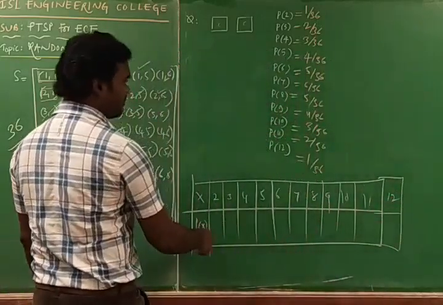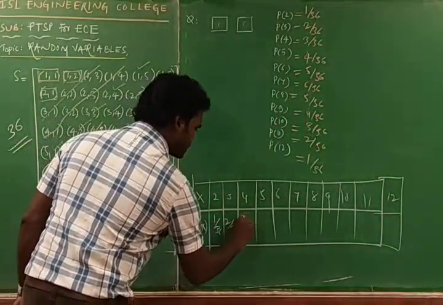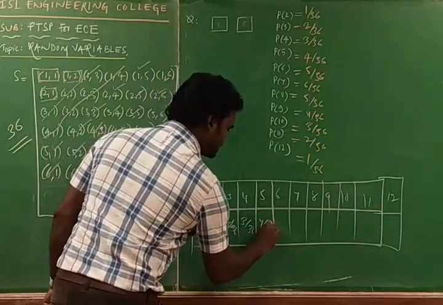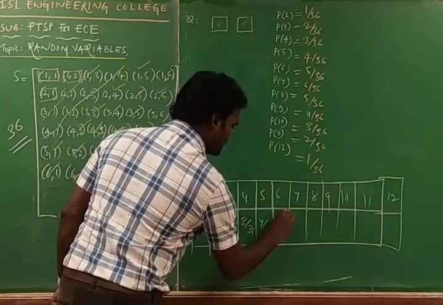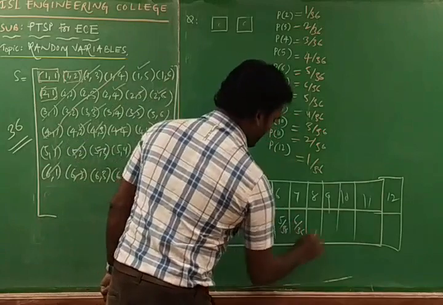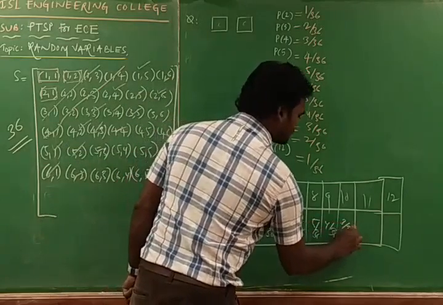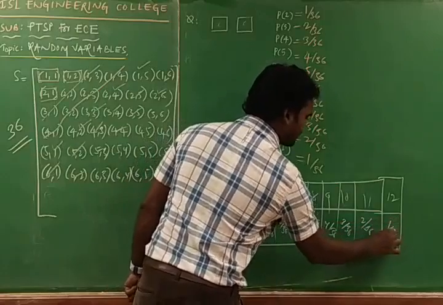Then the probability of x is 1 by 36, 2 by 36, 3 by 36, 4 by 36, 5 by 36, 6 by 36, and then 5 by 36, 4 by 36, 3 by 36, 2 by 36 and 1 by 36.